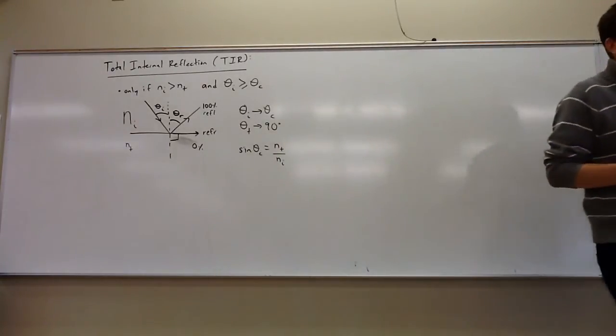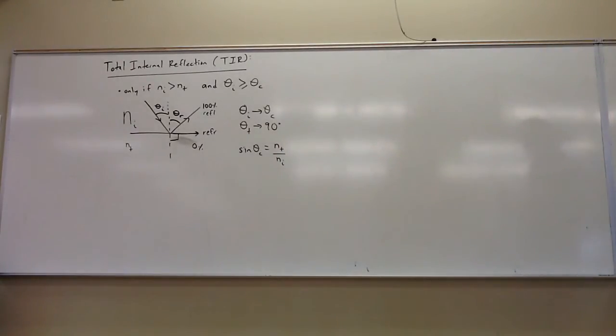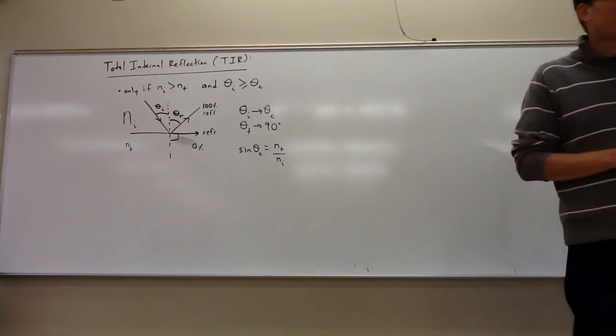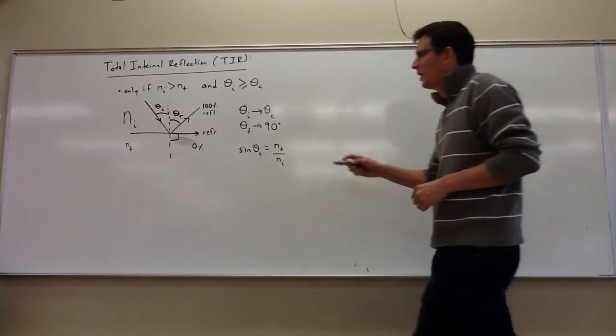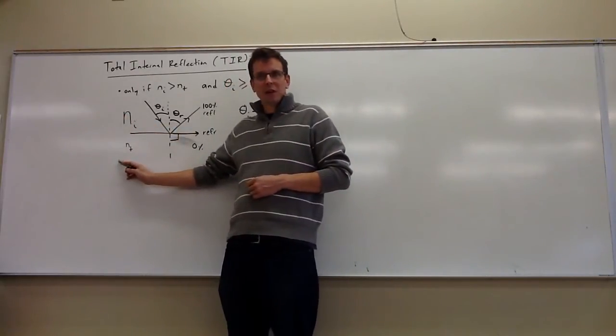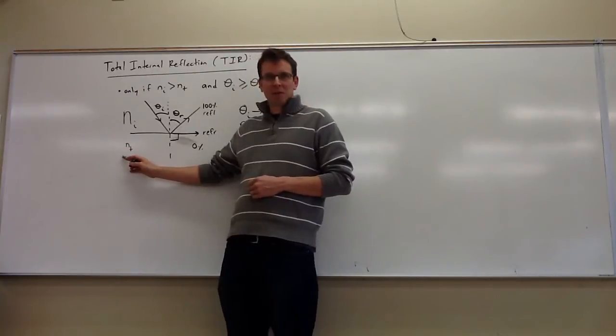This is the phenomenon called total internal reflection, where you literally have no light getting through into the second material. Notice that it relies on bending away from the normal, so it's only possible if you're in a higher n material interacting with a lower n material.